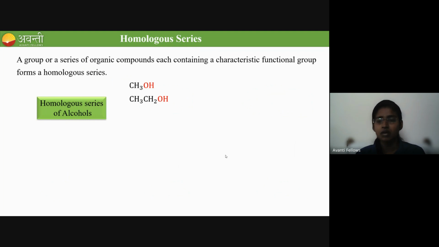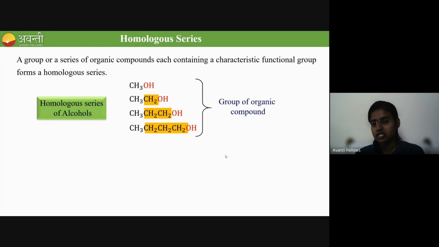If I add one more CH2 to the second alcohol, I get the third alcohol, and by adding one more CH2, I get the fourth alcohol. So the addition of a CH2 unit to each member leads to a class of compounds called a homologous series. It is a group, or we can say a class, of organic compounds.